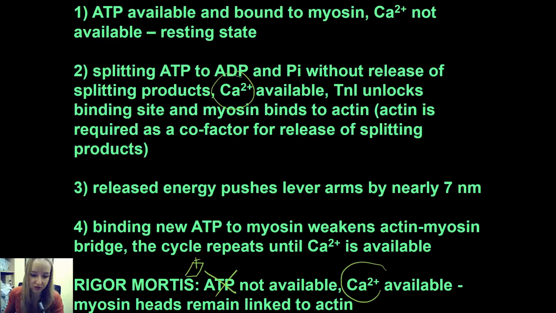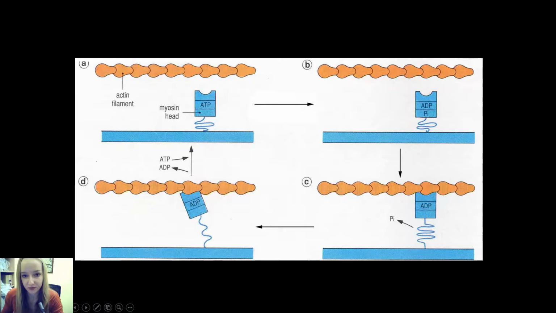That's what is happening in rigor mortis, and you will see it during pathology. So once again, this is the same: ATP is cleaved because of ATPase, energy is released, new ATP will come and it's moving. Just another picture for the same thing.